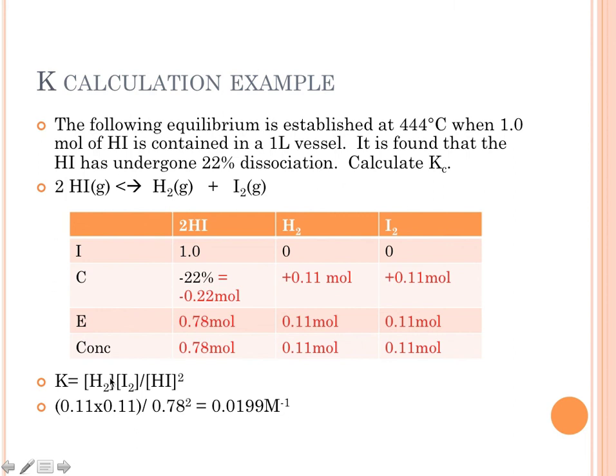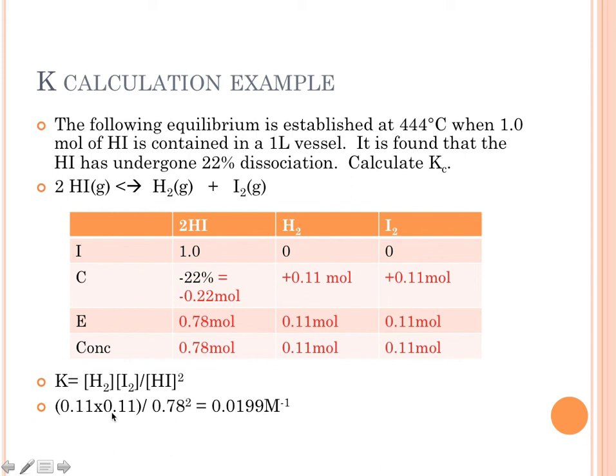So K is equal to the concentration of each of the products, square brackets, remember, means concentration, over the concentration of my reactant. That's got a coefficient, a 2, so that means I'm squaring it. Plug in the numbers from my ICE box.